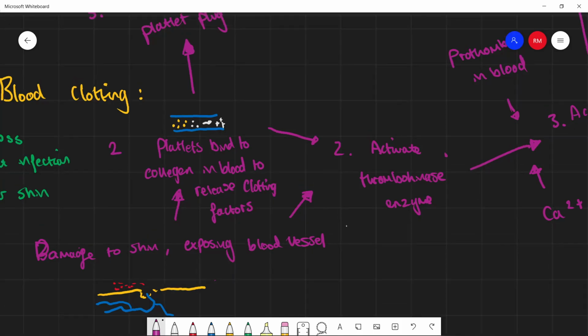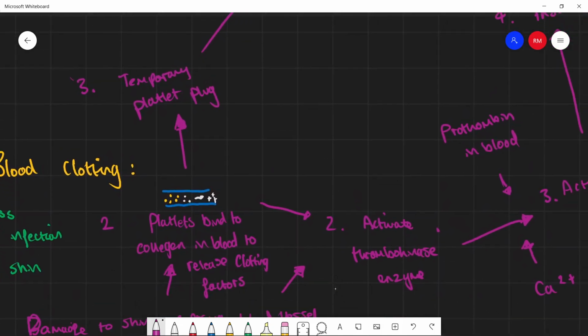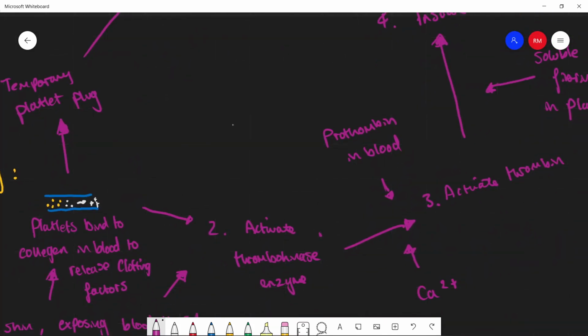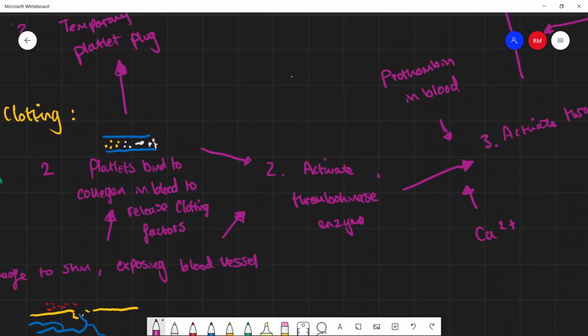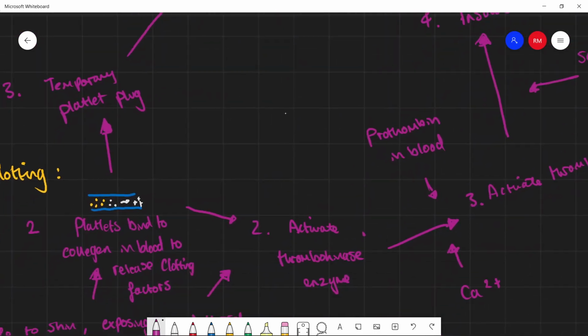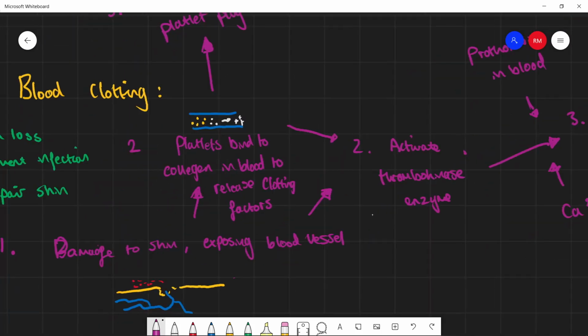So there's 2 pathways, and for pathway 1, there's 1, 2, 3, 4 steps, whereas for pathway 2, there's 1, 2, 3, 4, 5 steps. And if you can remember it like that and in different steps, I think it becomes a lot easier to remember.